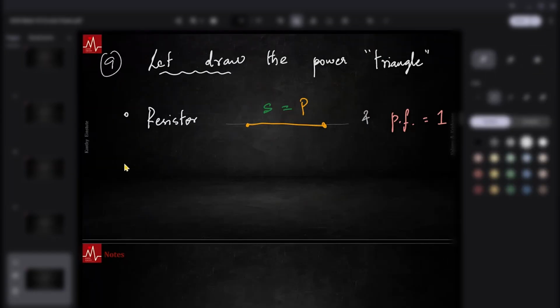How should this look for a capacitor? Let's also put this reference base so that we can draw. Any guesses? How should this look for a capacitor? Pure capacitor. And of course, we also need what the power factor is.